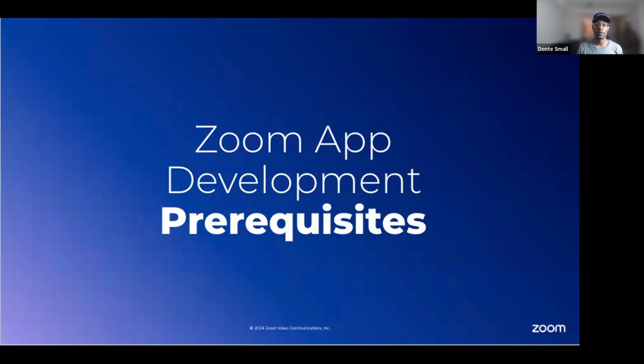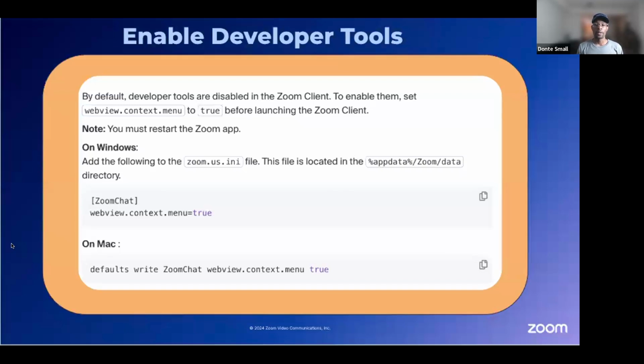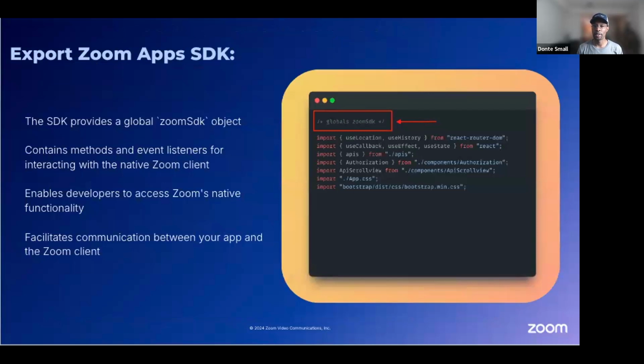So the first thing we want to cover is enabling developer tools. By default, developer tools within the Zoom client are disabled. To enable them, you can run the following commands or update your ini file on Windows. The next thing we want to cover is that the Zoom SDK provides a global variable.